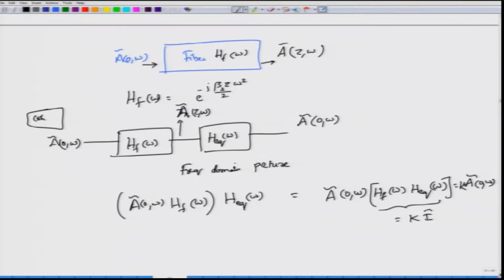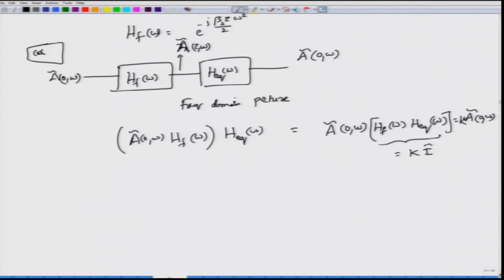Which again means that the transfer function H equalizer(omega) must be the inverse transfer function of Hf(omega). What would be the inverse transfer function? What if you multiply it with the fiber transfer function e^(-j beta2 z omega^2 / 2) to give you 1? What would give you 1?